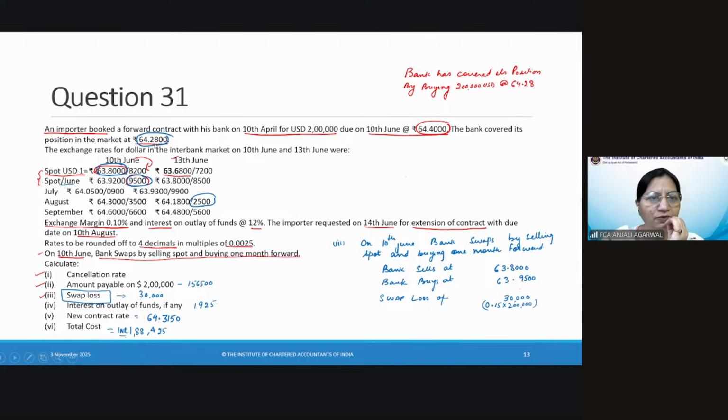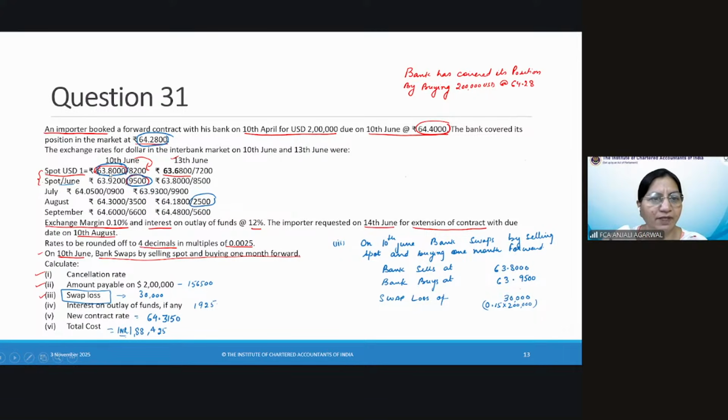And so the bank, which has covered its position at the rate of 64.28, has bought the dollars, and will sell in the open market at 63.80. You may apply the margin here also, 63.80.